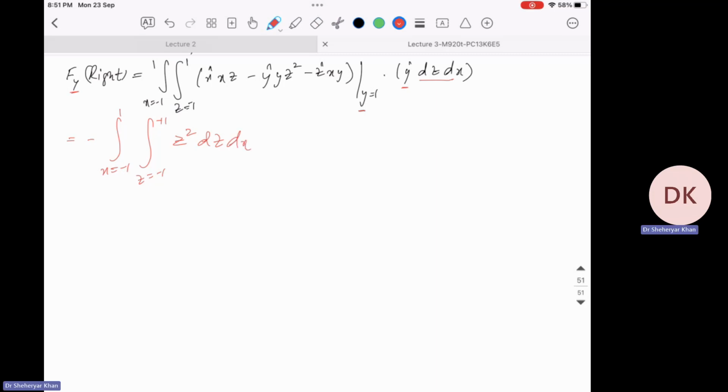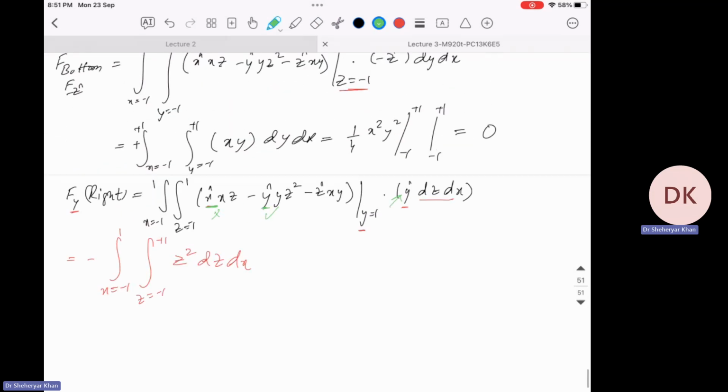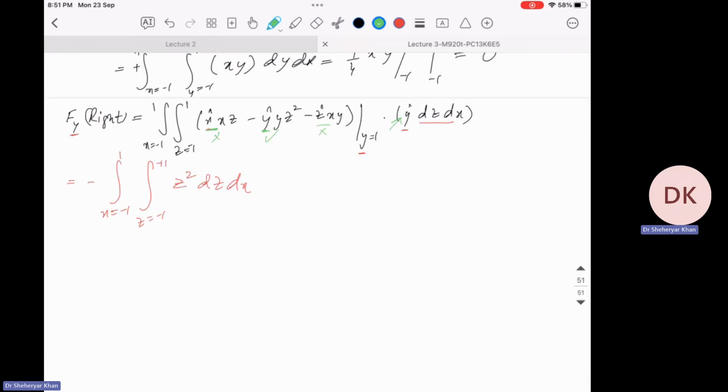So can you see why it's z square only? Anybody? Why it's z square only? Now you see, this is x and this is y. So x dot y is 0. So this is y and this is y. So z dot y again cancels out.